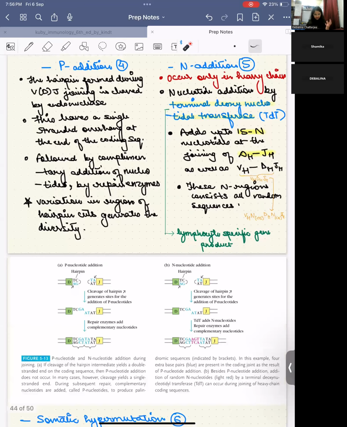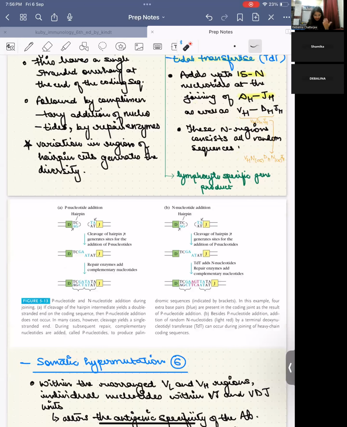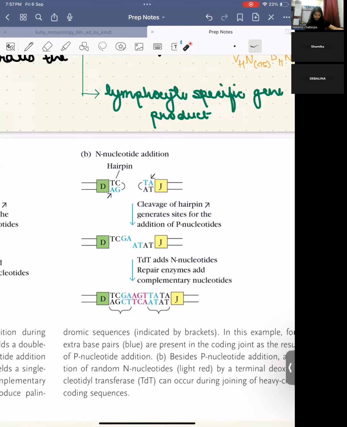Okay, so this is a figure to explain N addition. Again, there is a cleavage of the hairpin, because for any sort of addition to happen, we need a break, right? So whenever we have a break, it is acted upon by TdT, which is randomly going to add any number of nucleotides. It could be any nucleotide, so it can be A, T, G, any possible combination.